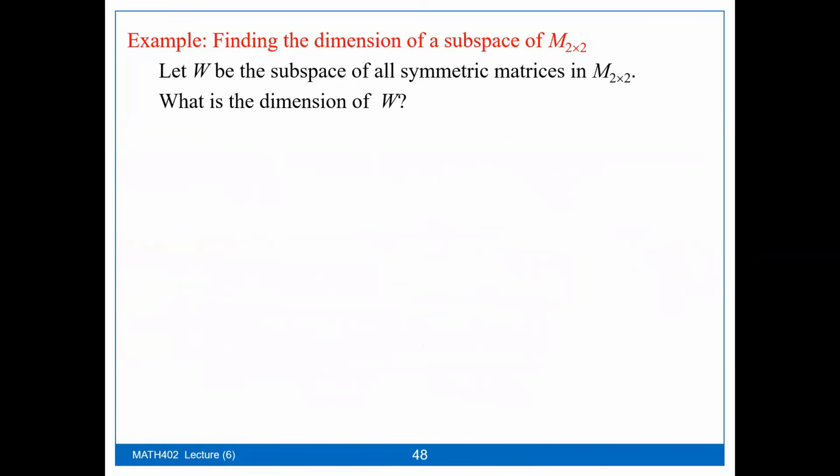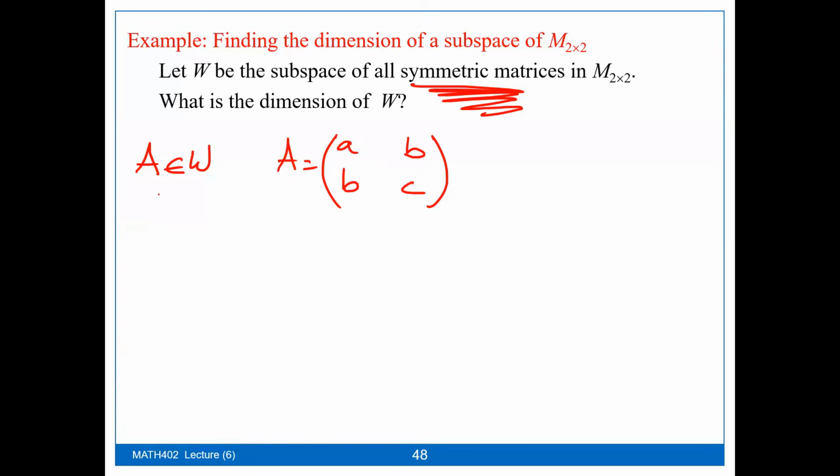The last example, I think: W, the subspace of all symmetric matrices of order 2. What does symmetric matrix of order 2 mean? How can we represent a matrix in W? What does symmetric of order 2 mean, what does it look like? So here A, B, C, and we need A transpose equal to A. So we need A12 equals A21.